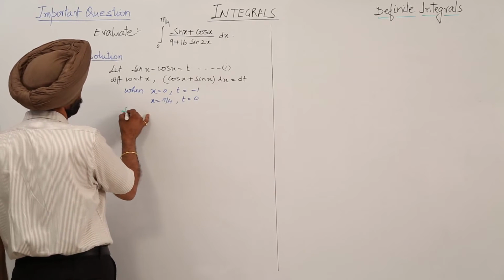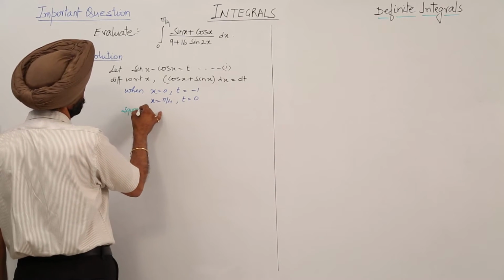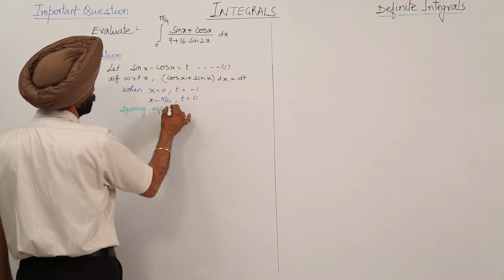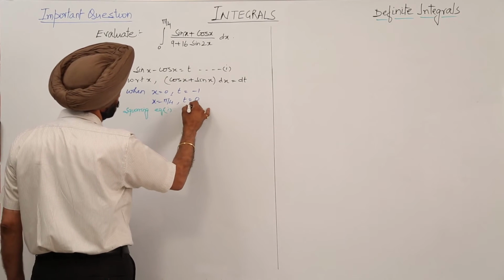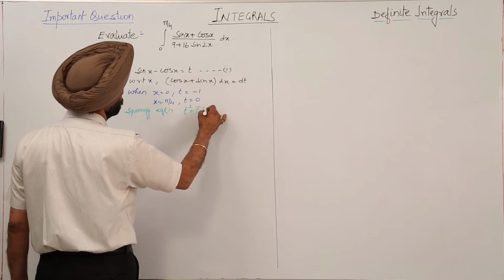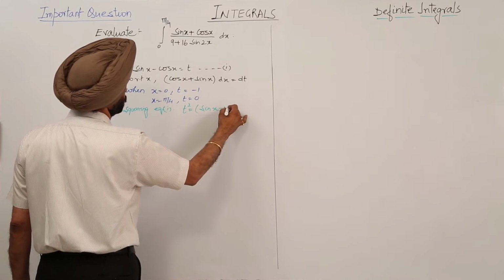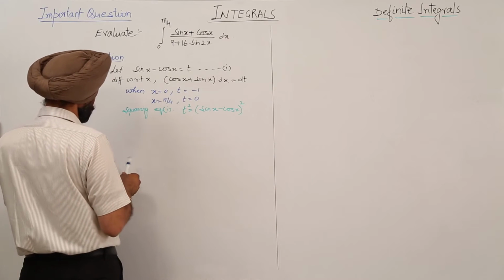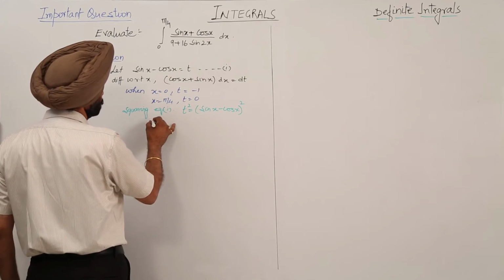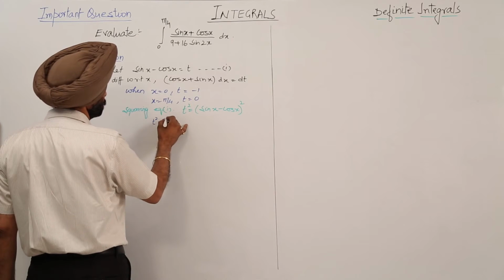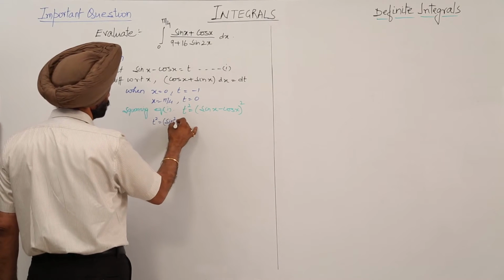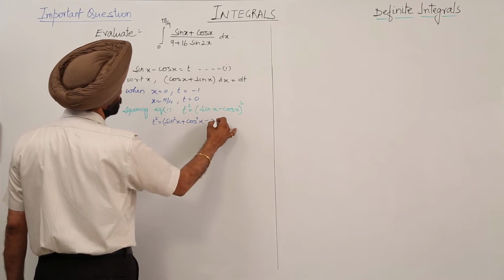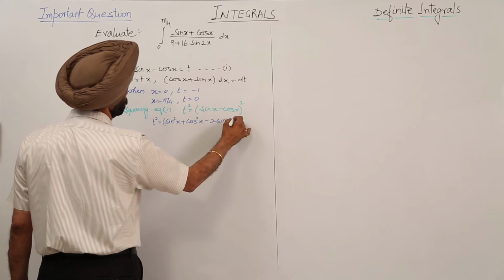Now, squaring equation 1, t square is equal to sin x minus cos x whole square. Now, this becomes t square is equal to sin square x plus cos square x minus 2 sin x cos x.